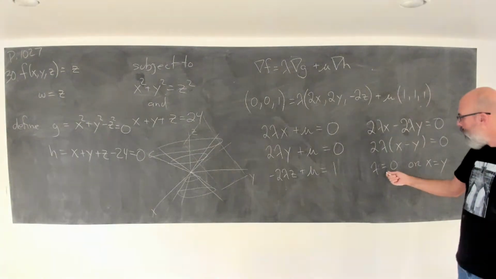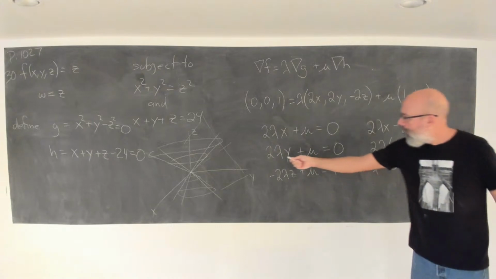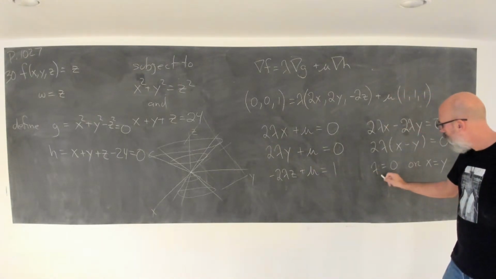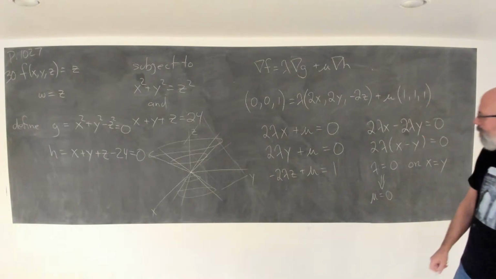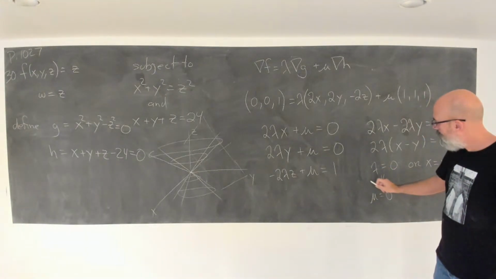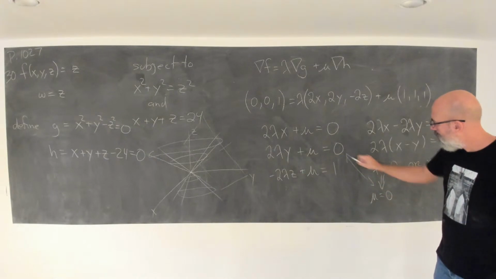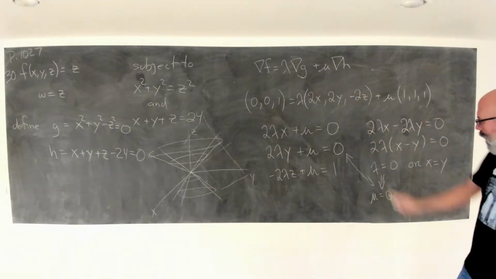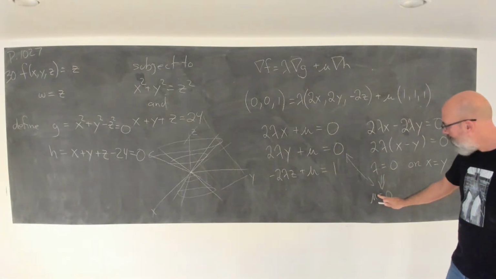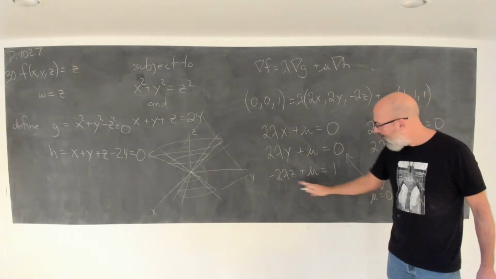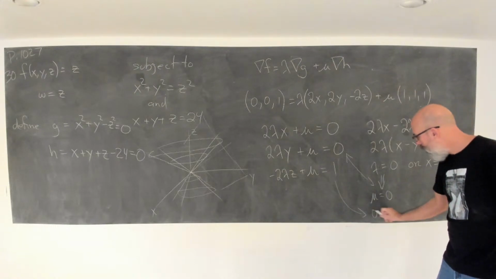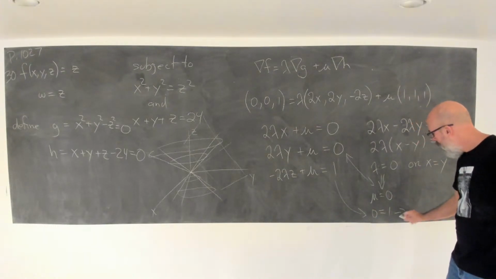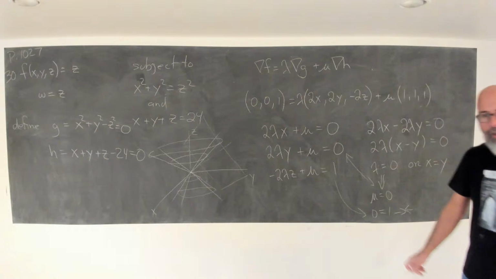But if lambda is equal to 0, then from here, this implies that mu is equal to 0. And if both lambda and mu are equal to 0, then the third one implies that 0 is equal to 1, which is impossible.